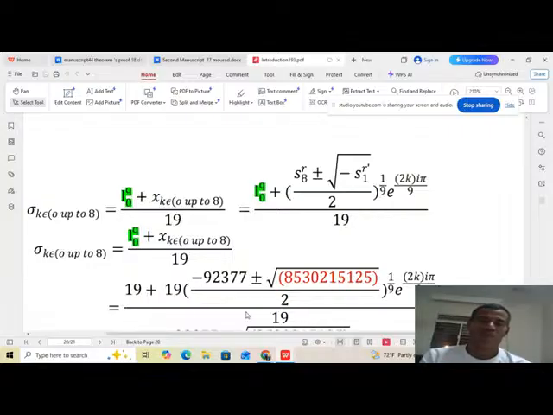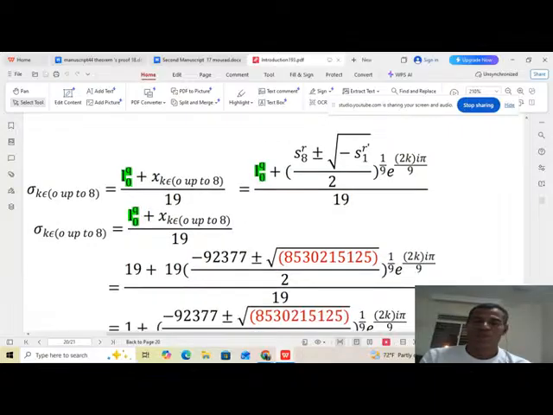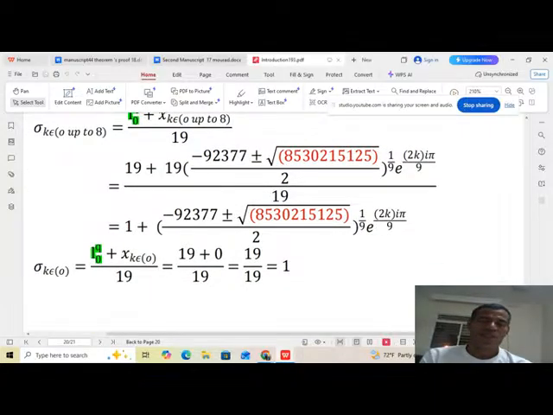You see 19 divided by 19 will disappear. So the last answer for the roots, the double roots in fact, or conjugate roots, from 0 to 8 is 1 plus, because 19 divided by 19 is 1, then 19 divided by 19 times this remains only the ninth root of this ratio multiplied by the ninth root of 1.